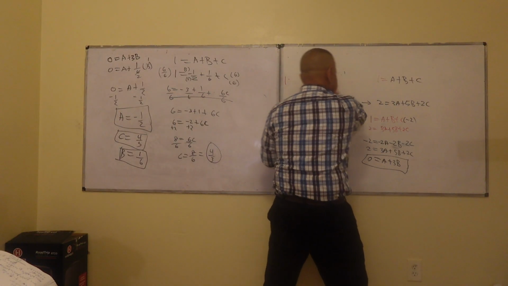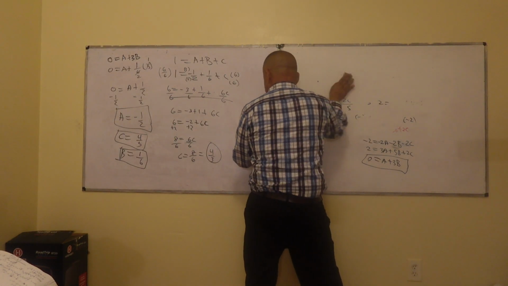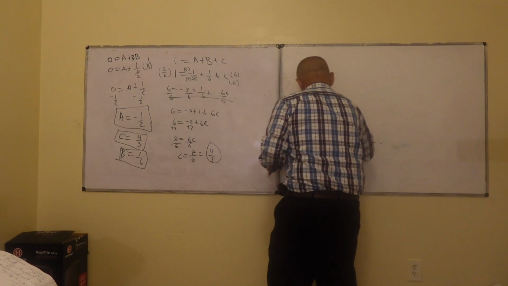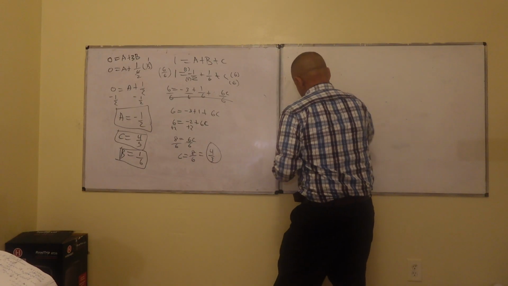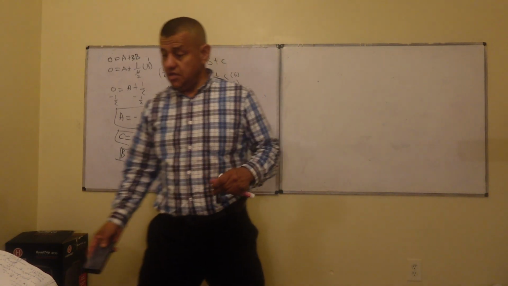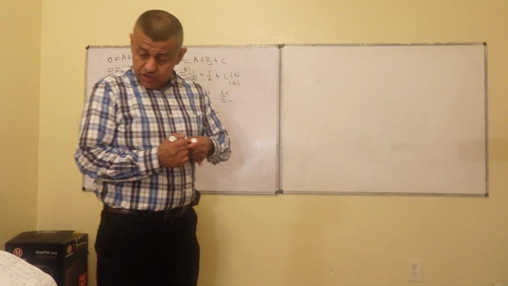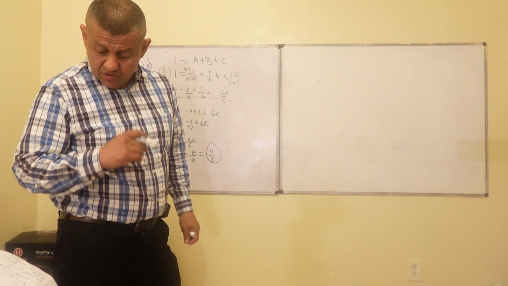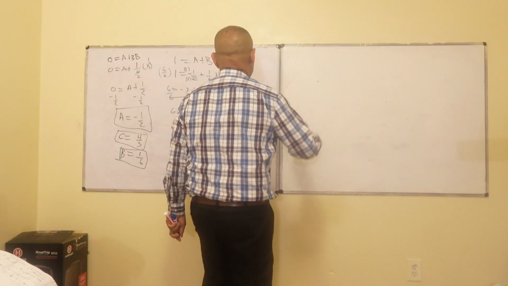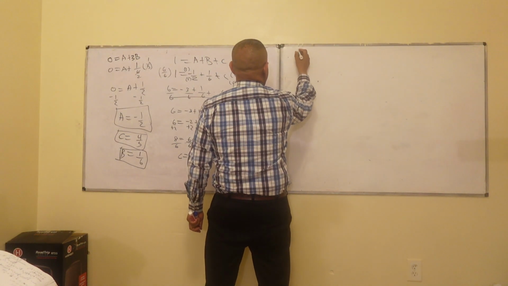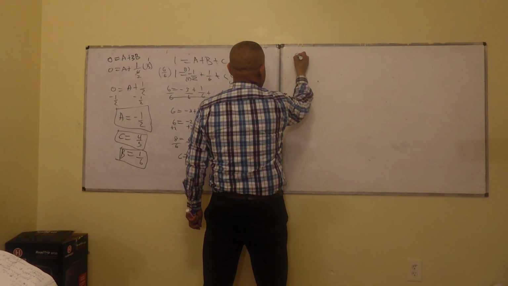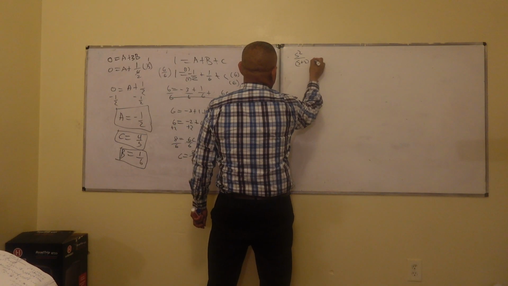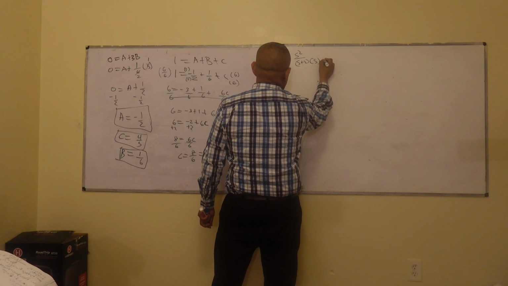So now, Laplace transform is the following. Because we had a 2, okay, so remember we had s squared over s plus 2 times s, right?